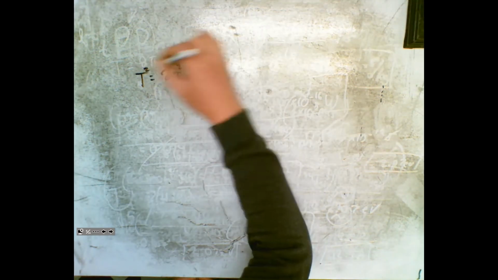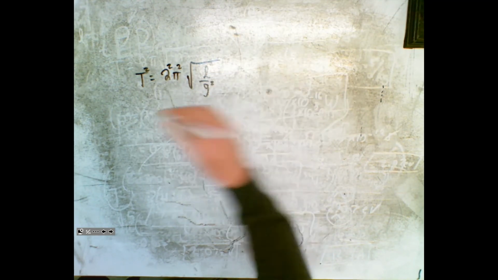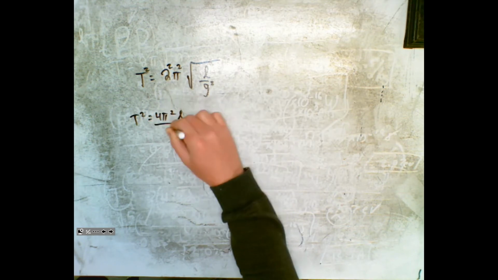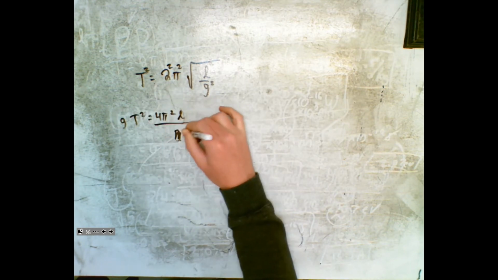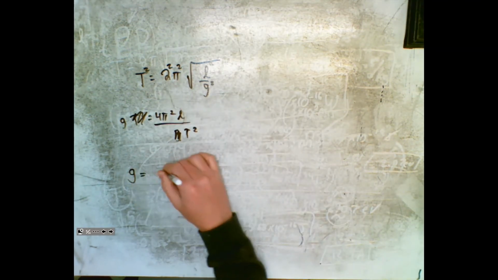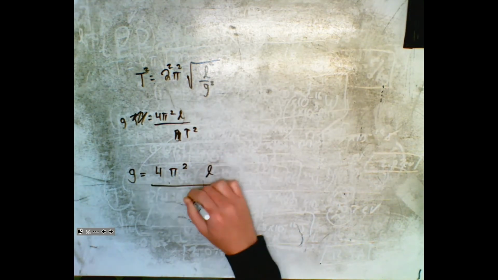To use this formula, we're trying to compare gravitational fields, so we have to isolate for gravitational field. That's the first thing I'm going to do. So we get T squared equals 4 pi squared L over g. I'll move g up top, and then T squared moves down below. So I end up with g equals 4 pi squared L all over T squared.